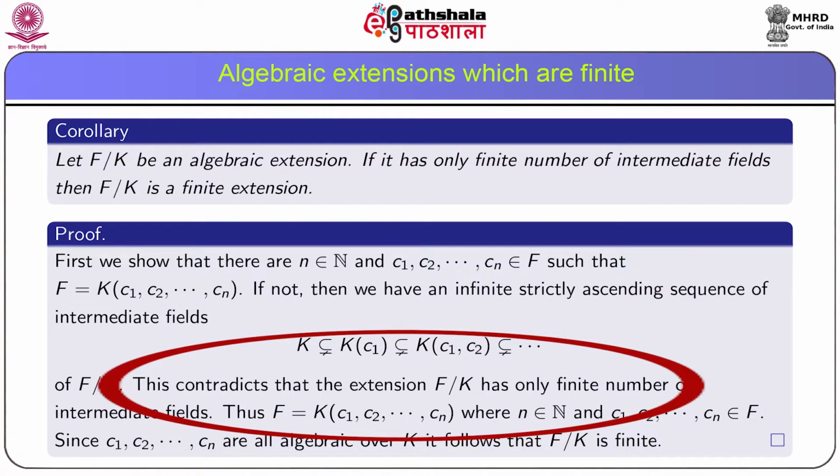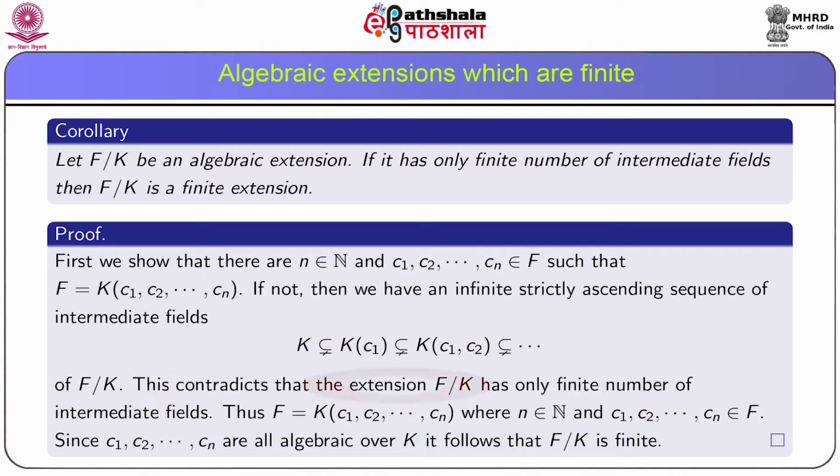This contradicts that the extension F by K has only a finite number of intermediate fields. Thus, F equals K(C1, C2, Cn) for some natural number n and C1, C2, Cn belonging to F. Since C1, C2, Cn are all algebraic over K, it follows that F by K is finite.